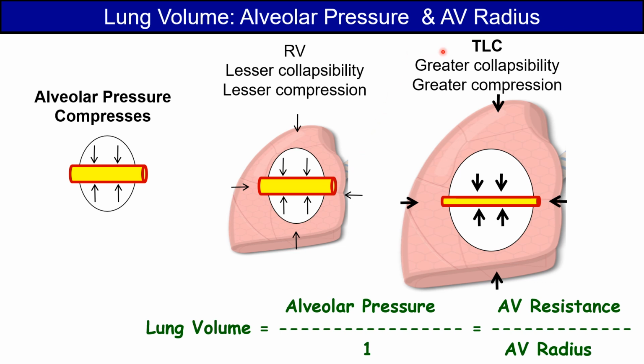At TLC, there's greater lung elastance, so there's greater collapsibility, greater alveolar pressure, and greater compression of the alveolar blood vessels, and therefore the radius will be smaller. So in essence, the greater the lung volume, the lower the alveolar vessel radius, and the higher the alveolar vessel resistance. So it is exactly opposite that of the extra-alveolar blood vessels.